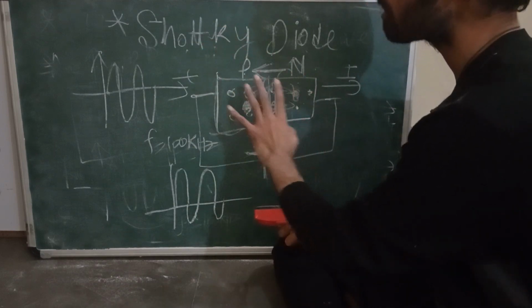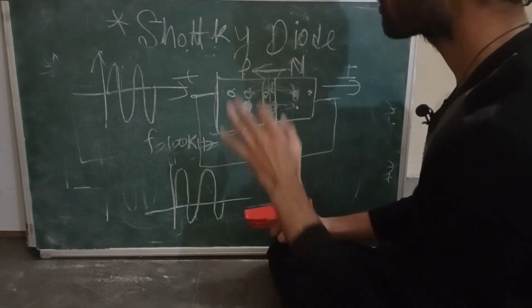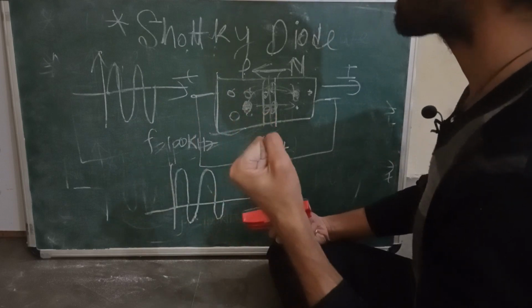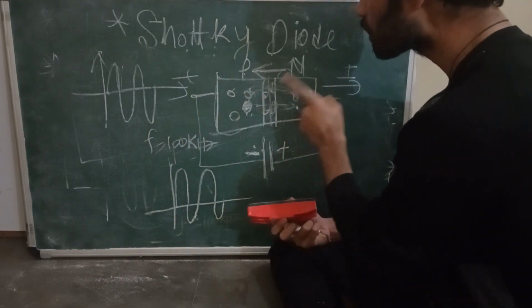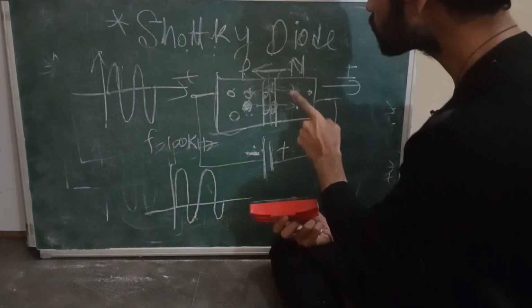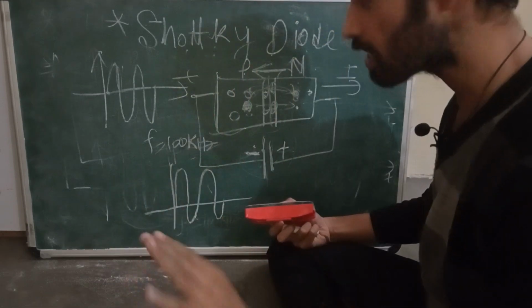Now we will see whether this problem still exists in the Schottky diode. First of all you have to make yourself much stronger about why it is happening. It is happening because of the minority charge carrier, because a PN junction is a bipolar junction.